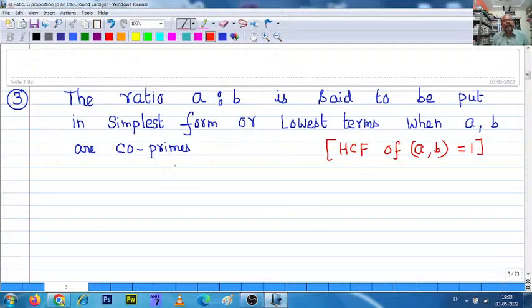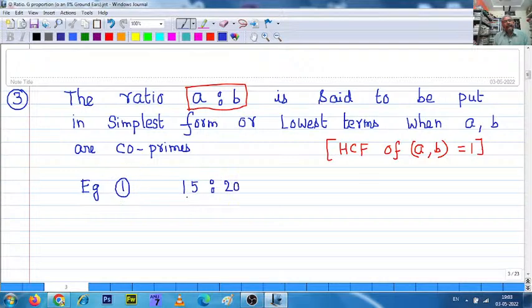If A and B are co-primes, then A is to B is said to be in the simplest form or lowest terms. Always remember, a ratio needs to be expressed in lowest form or simplest form. For example, let's discuss one example: 15 is to 20.